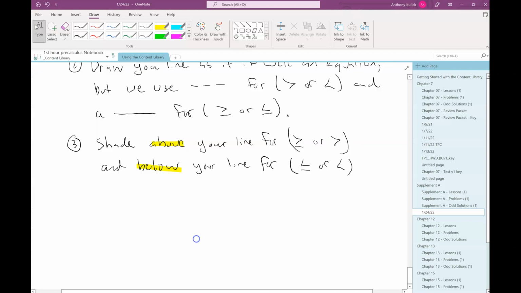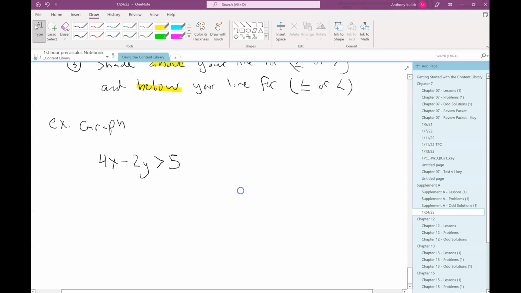So let's do an example of just graphing a single inequality, just so that we can play around with this a little bit. So here's my inequality. First thing I want to do is rearrange this so that I get, actually I'm going to make that a 6.